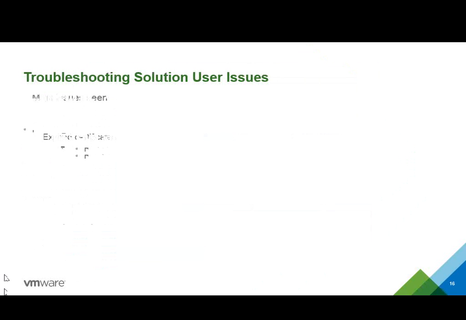And again, also expired certificates for solution users are never a good thing, as it completely breaks on that. And if you actually have replication issues, I came across this two or three times already.